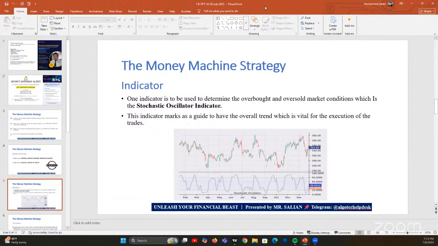So one indicator is to be used to determine the overbought and oversold market conditions, which is the stochastic oscillator indicator. As you know by now, we already discussed the indicators. This is how the stochastic looks like. When it's up there, it's overbought. When it's down there, it's oversold. So this indicator serves as a guide to have the overall trend, which is vital for the execution of the trades.